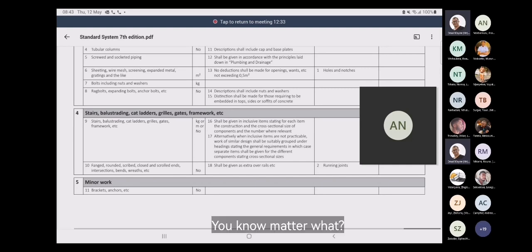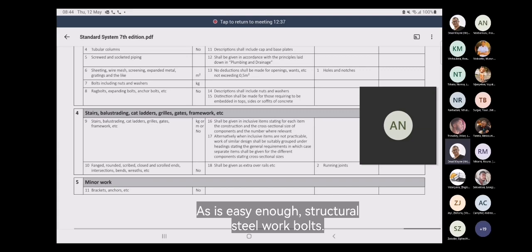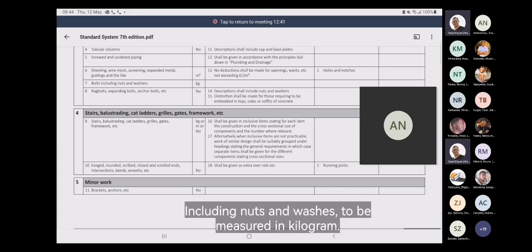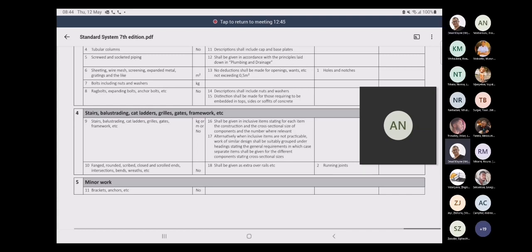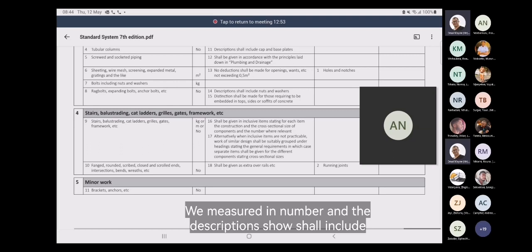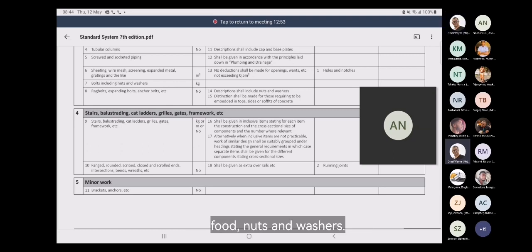In our metalwork, as it is in our structural steelwork, bolts, including nuts and washers, will be measured in kilograms. Brag bolts, expanding bolts, anchor bolts will be measured in number, and the description shall include for nuts and washers.